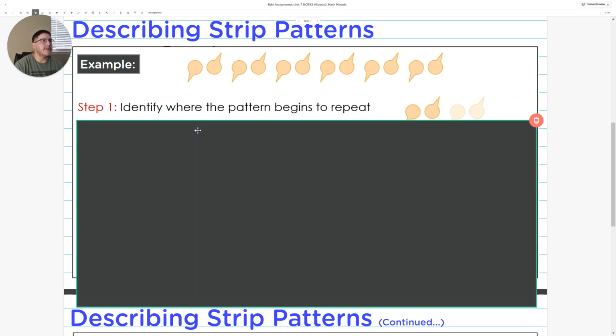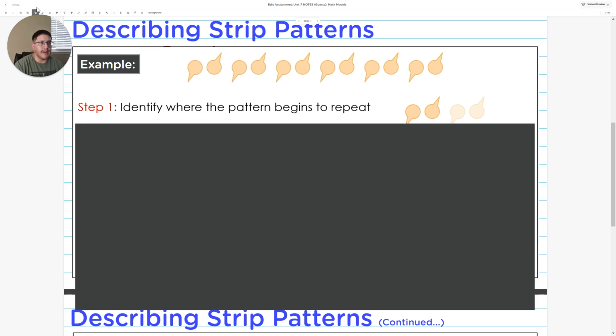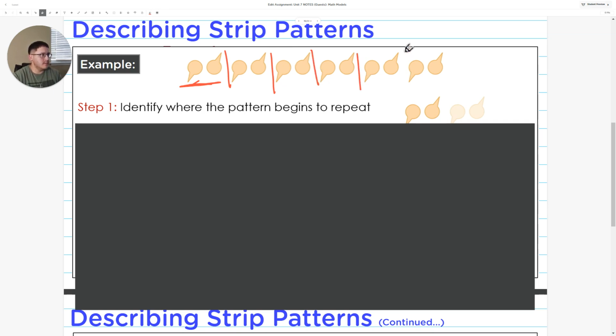Identify where the pattern begins to repeat. As we can see, after about 2 of these, we can see it repeats. Every 2, the pattern starts to repeat.